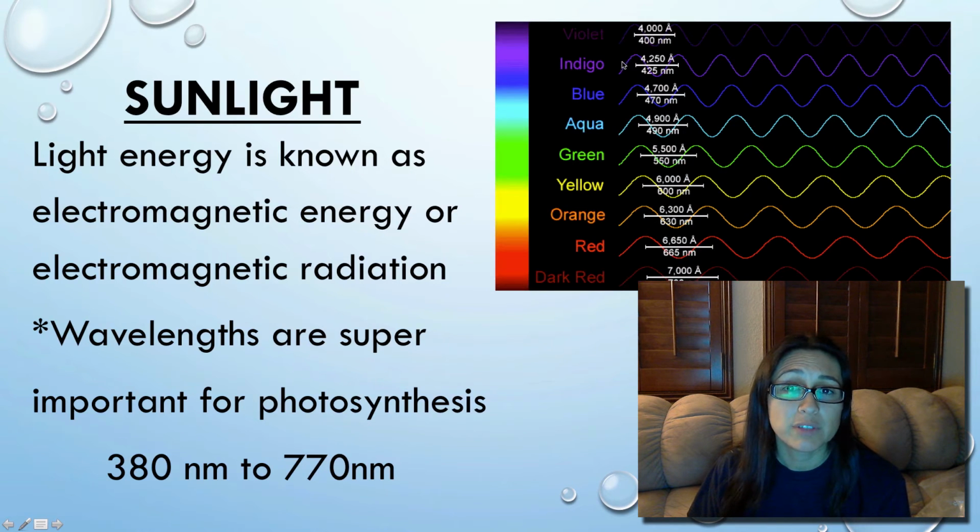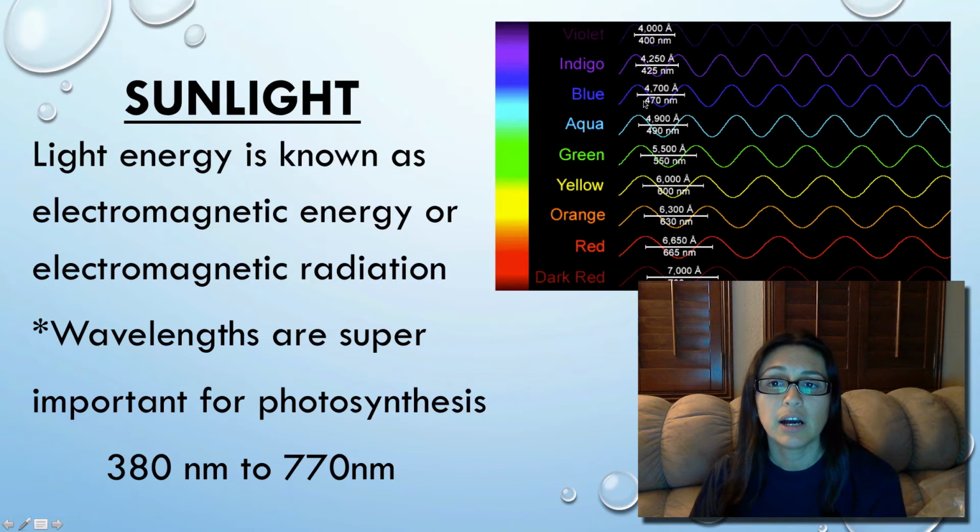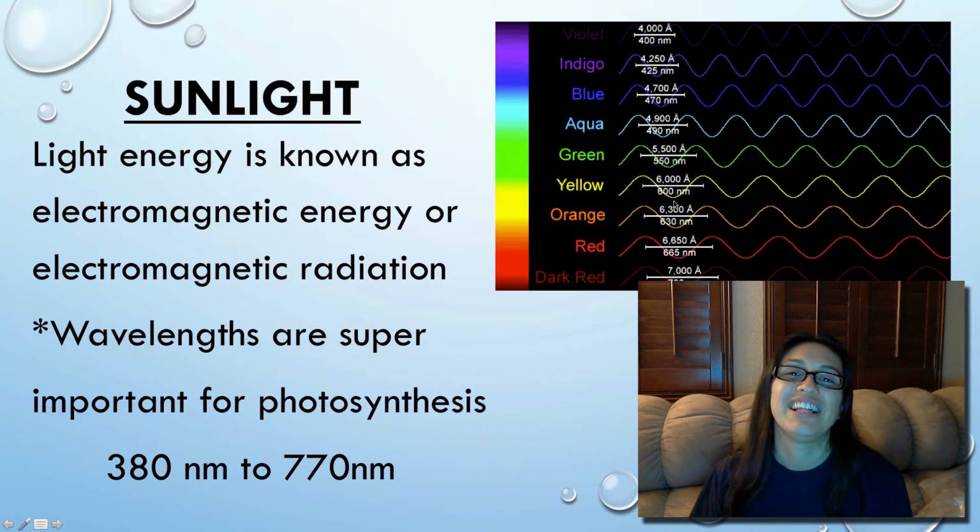When we look at the visible spectrum here, we see from violet to red the different wavelengths. Violet has shorter wavelengths than red does. Red has longer wavelengths, and if you think of ROY G. BIV, as you go through the visible light spectrum, the waves get shorter from red all the way to violet. Now, this will be important again for how the light will be absorbed and what type of light will be absorbed during photosynthesis.